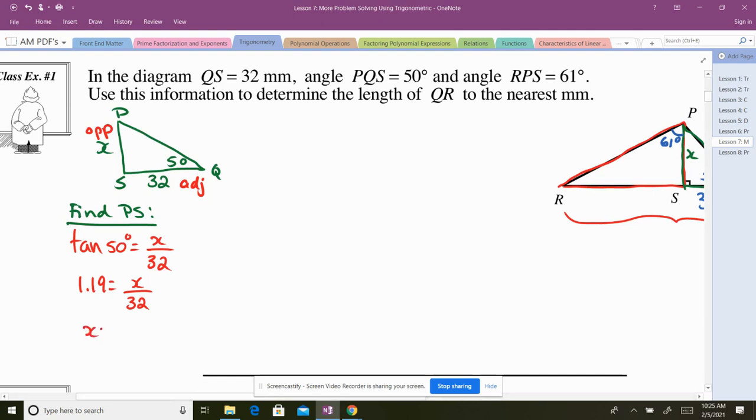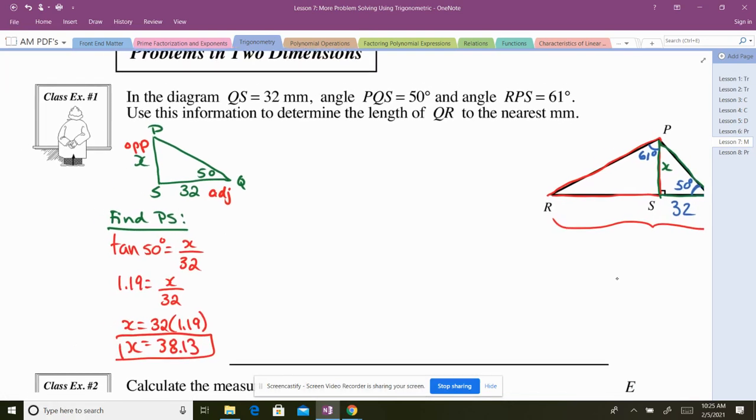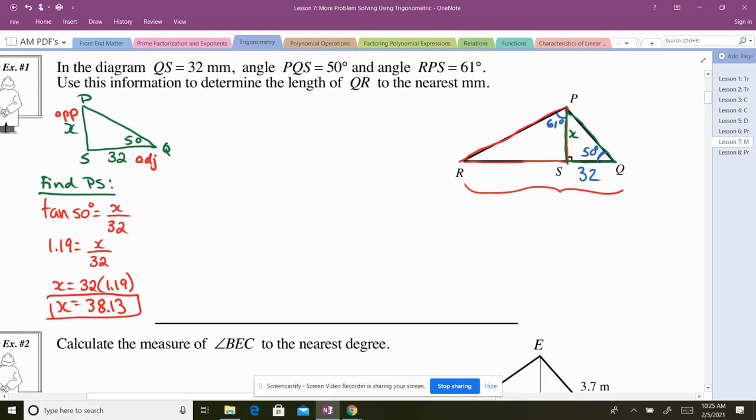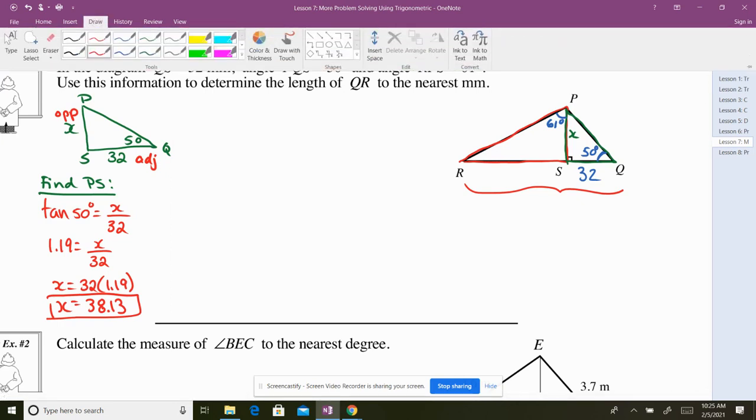So I multiply this together and I get 38.13. Is that close? So far? Okay, so now I know that. So I'm going to redraw that other triangle.